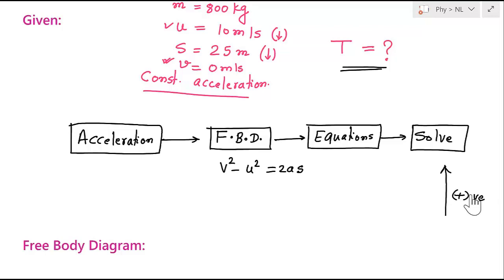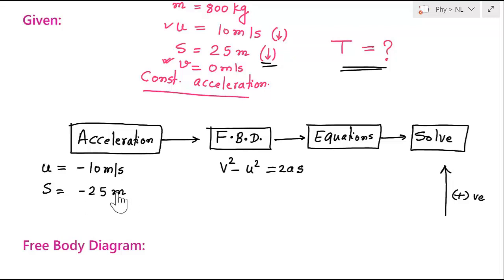Now if you consider this, what is the sign of u? The initial velocity is in the downward direction, so u will be negative. So you can say u = −10 meter per second. And the elevator is also going in the downward direction, so s is also negative in this case. So I can say s = −25 meter.